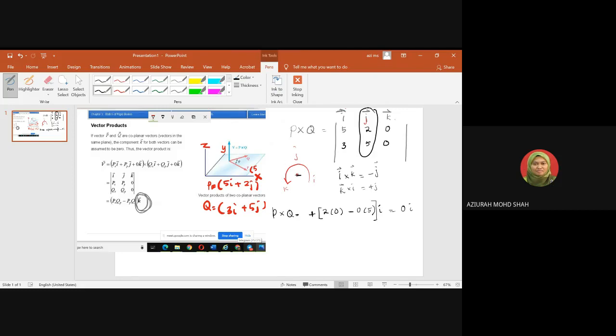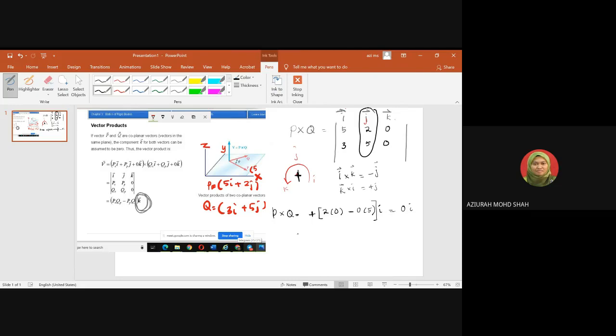Maksudnya kita crosskan dua unit vector ni, Cartesian vector ni, kalau counterclockwise akan dapat positif, kalau clockwise akan dapat negatif. So kita buat clockwise tadi, I cross K akan dapat negatif.